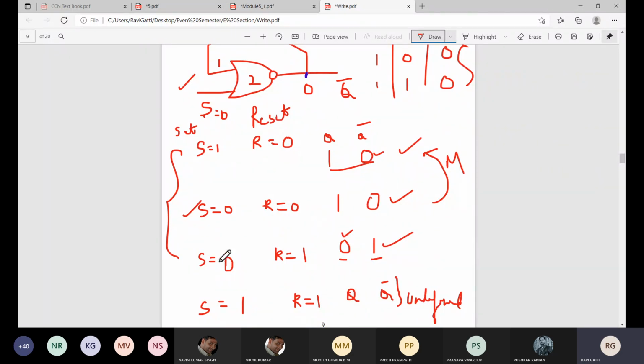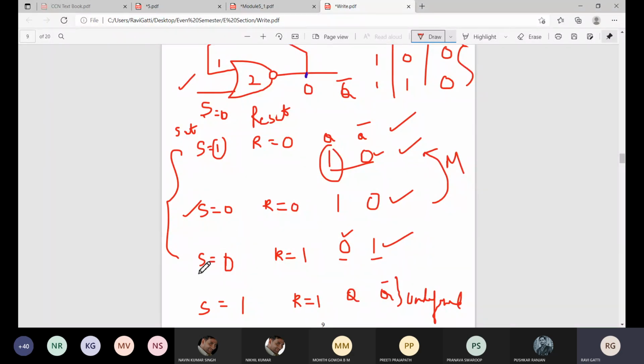When S is equal to 1 and R is equal to 0, you get Q equal to 1, so we call it a set condition because the data will be set.